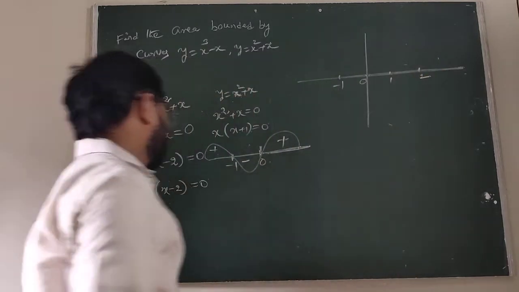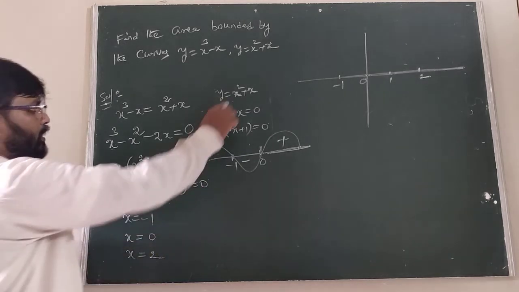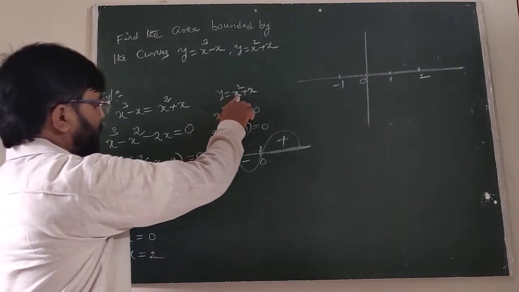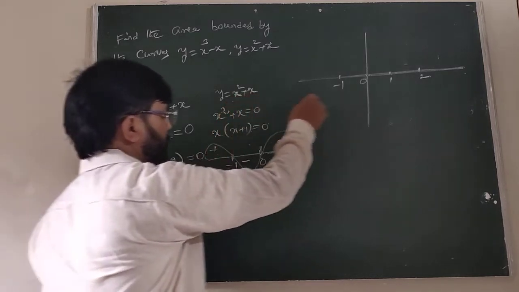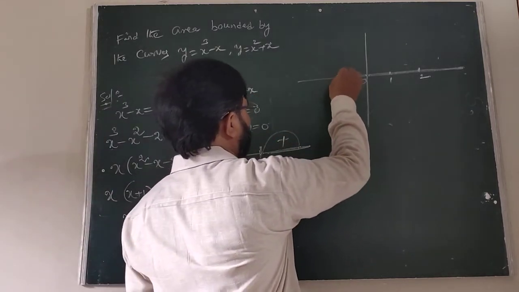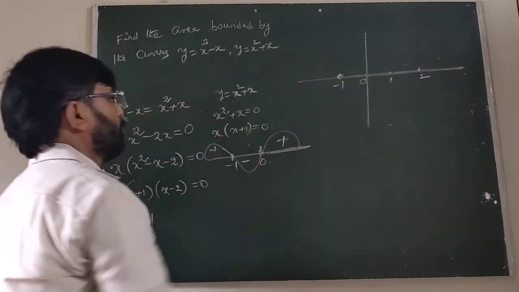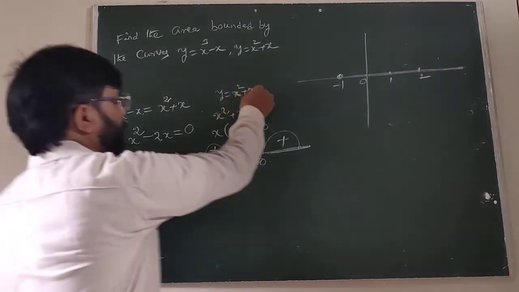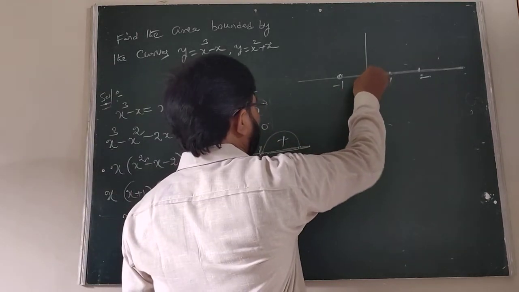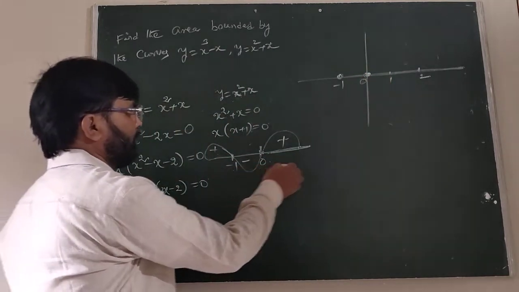For the graph, at minus 1, whole square plus 1, we get 0. Above it is always positive. But in between minus 1 to 0, the graph is negative.